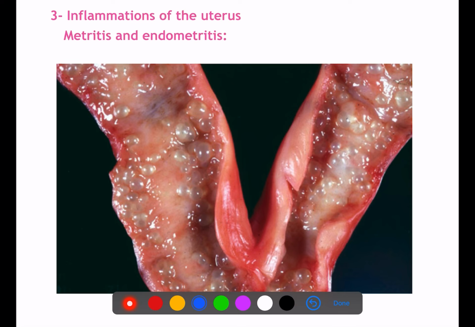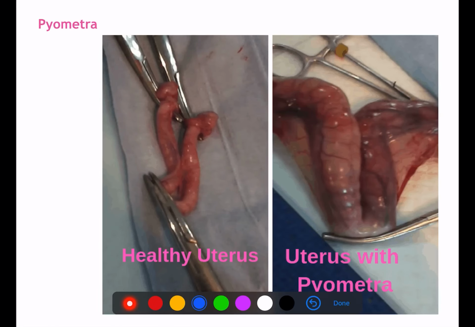maybe combined with pus production. In this case, we will call it pyometra. Pyometra means accumulation of pus within the uterine lumen. As we see in this picture, the pyometra is, as we said, accumulation of pus within the uterus.